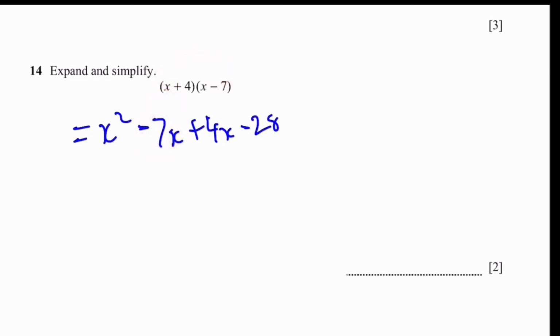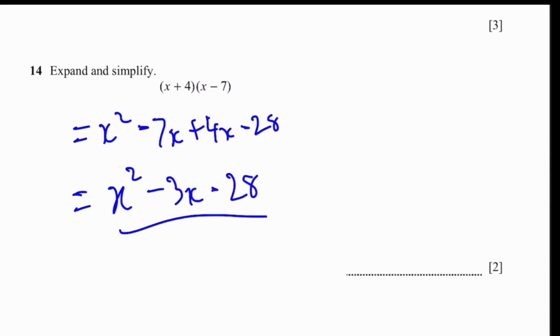That's why negative 7x. By the way, x into x for the front is x squared. Then we have inside, which is multiplying the two inside numbers in the brackets. That's 4x. And then we have last, which is the last numbers in each of the brackets. Multiplying this gives negative 28. And then we simply simplify it. X squared minus 3x minus 28. That's the answer.